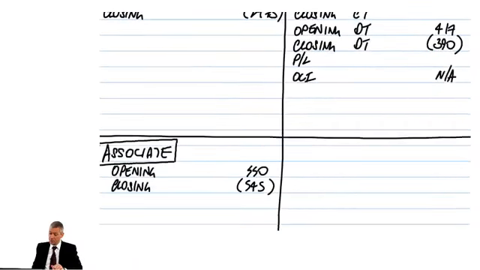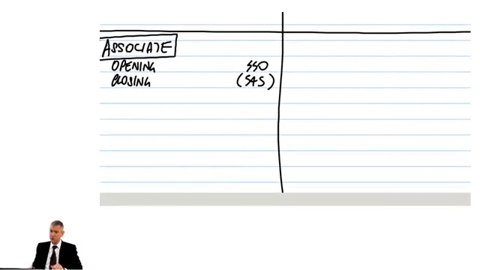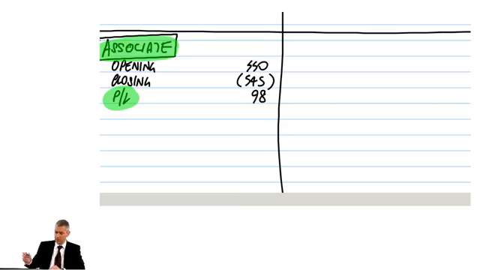The income from associates is actually the share of the associates' profit. So what happens to an entity when it makes a profit? Of course, it gets bigger. Each time we ask ourselves the question, what does this do to that? When an entity makes a profit, it grows, so it's positive, it's up.